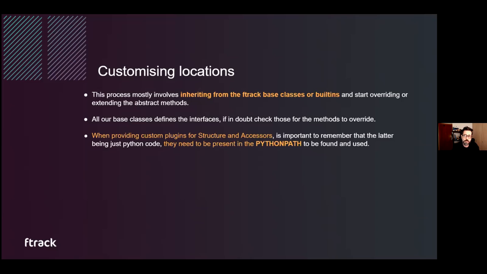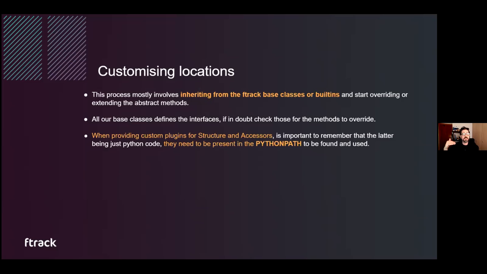So code-wise, what you will have to do is import one of our base classes or built-in modules, whether location, structure, or accessors, and start overriding the various methods that compose the interface of the objects. And mostly that means overriding the abstract methods of it, and providing similar functionalities.